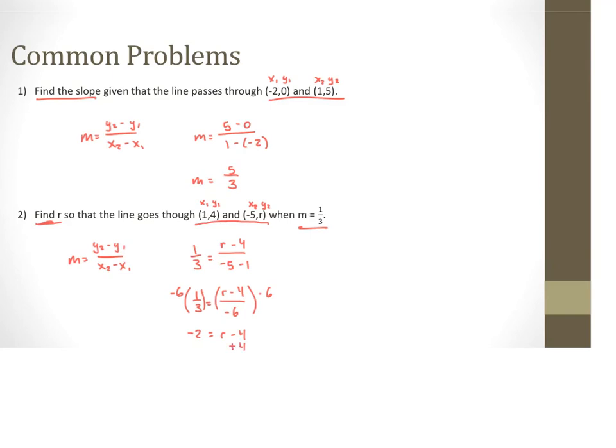And then add 4 to both sides. And we have that 2 is equal to r. So our missing point that would complete this scenario of a line that goes through these 2 points with 1/3 slope would be negative 5, 2.